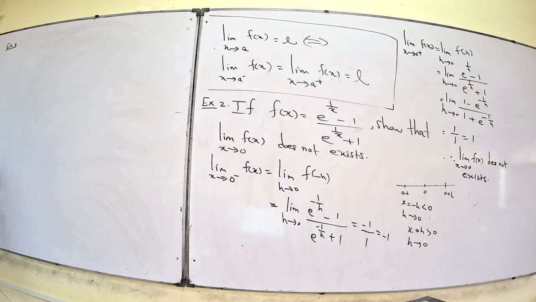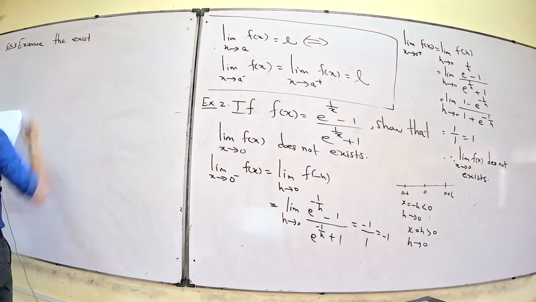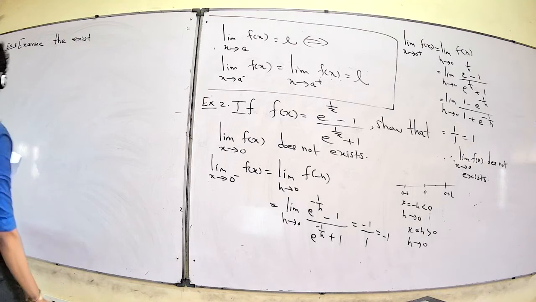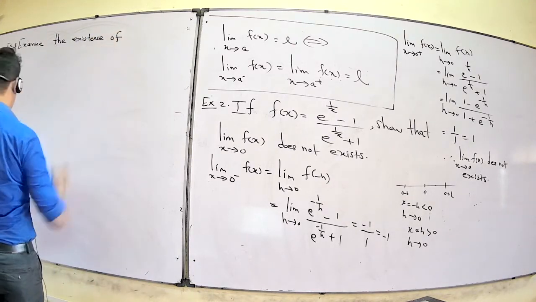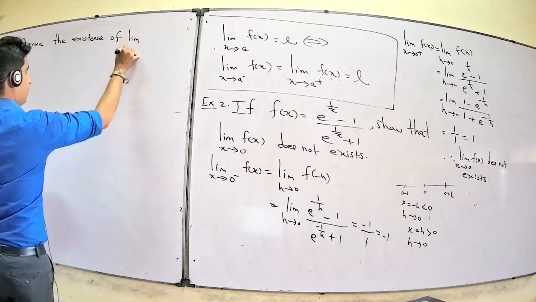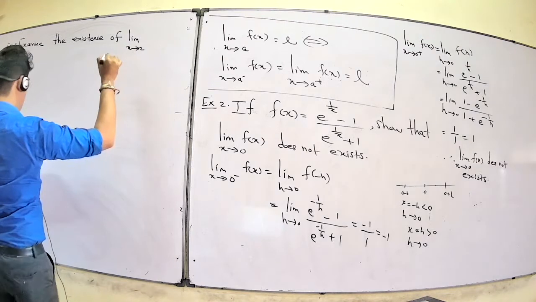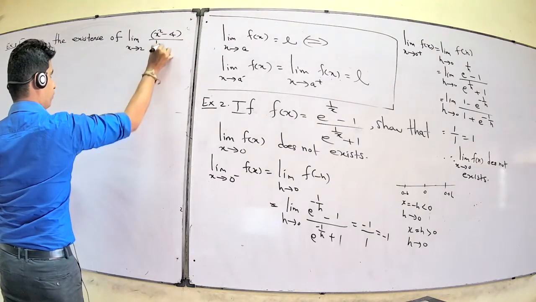Examine the existence of the limit as x tends to 2 of x squared minus 4 over modulus of x minus 2.